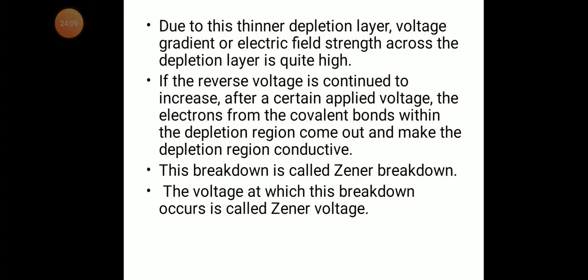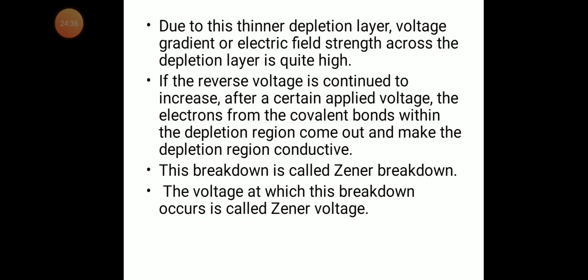So if we apply more and more reverse bias, we will get more electrons by breaking the covalent bonds of the atoms in the depletion layer. Then the diode becomes conductive in the depletion region. This type of phenomenon is called a Zener breakdown.